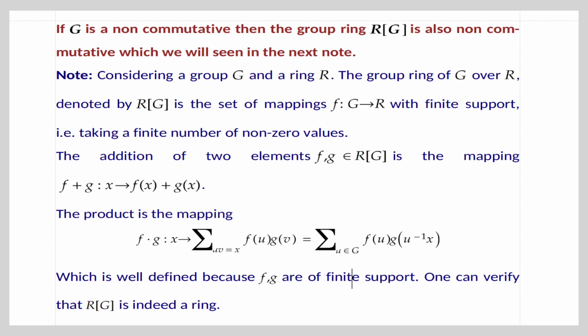The product is the mapping f dot g from x to summation over uv equal to x of f(u) times g(v), that is equal to summation over u belonging to G of f(u) times g(u inverse x), which is well defined because f and g are of finite support. One can verify that R[G] is indeed a ring.